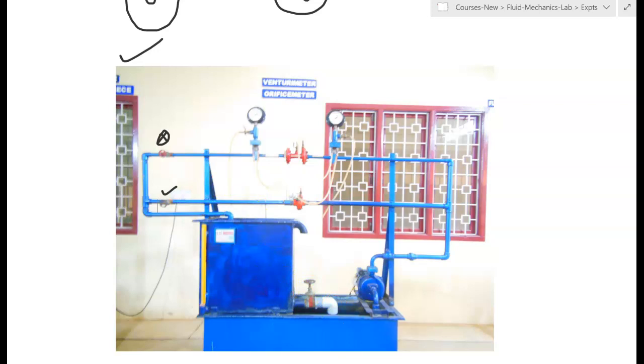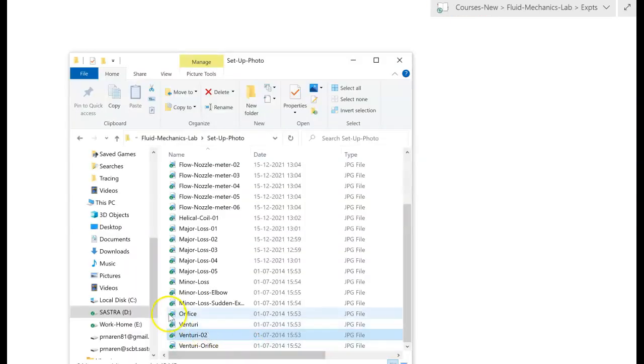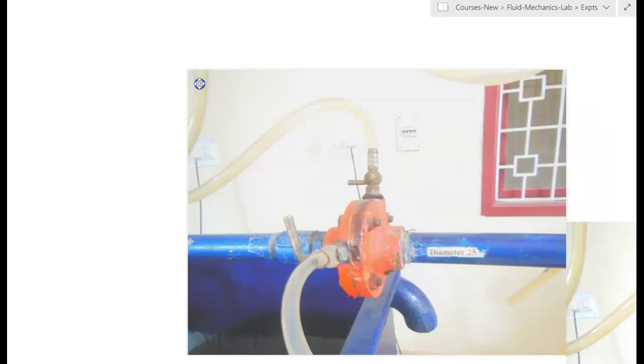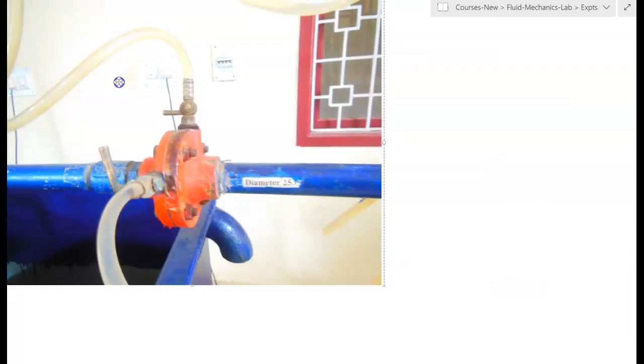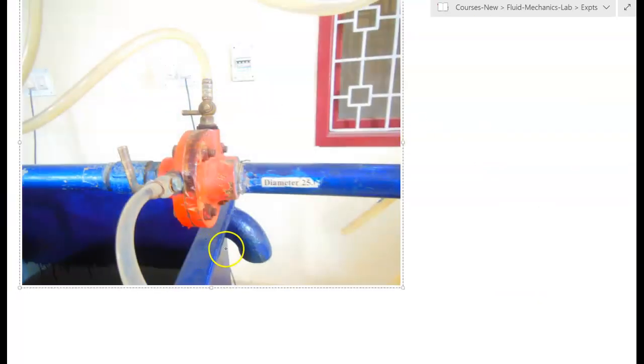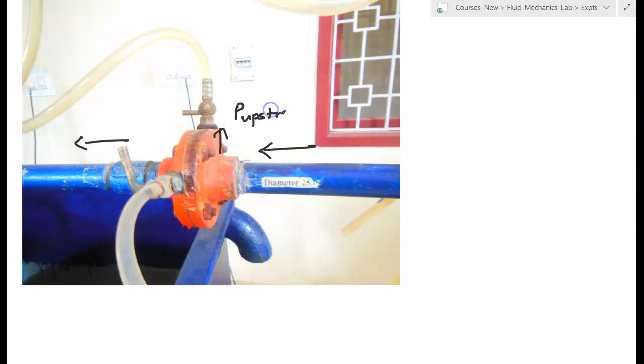However, let us see one important point on the upstream and the downstream port in the orifice. This is a close view of the orifice. Water flows like this. Now you can see this is the first port, so this port acts as the upstream pressure port.